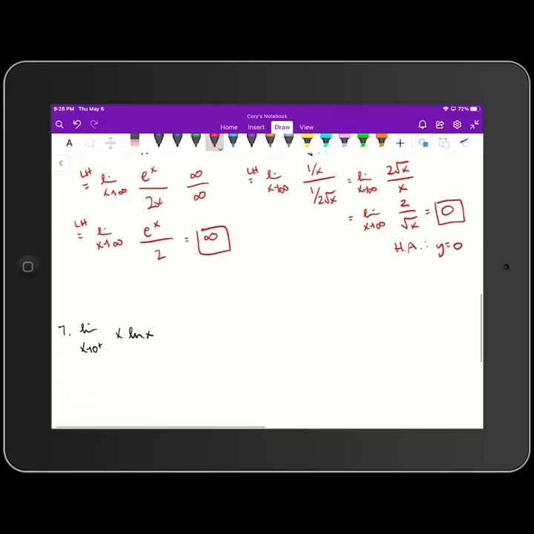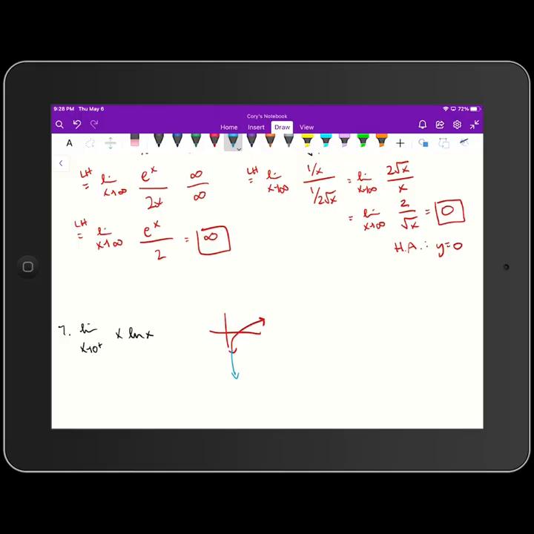Okay, last example of the school year. So for 7, we have the limit as x approaches 0 from the right of x times the natural log of x. So just to review this really quick, when you have your natural log function, as you approach 0 from the right-hand side, those values are going down to negative infinity.